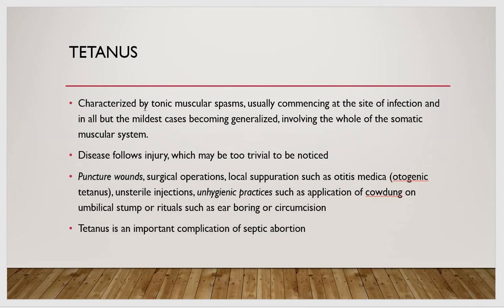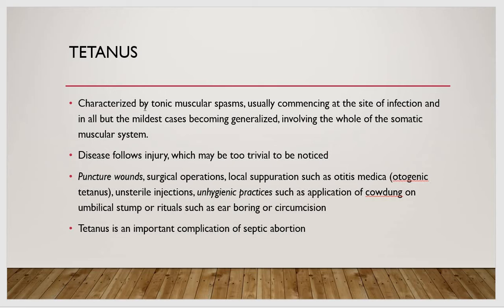Now briefly I'll tell you about the disease tetanus, which is caused due to this bacteria. Tetanus is basically characterized by tonic muscle spasms. The muscle spasms usually commence at the site of infection and in all but the mildest cases become generalized, involving the whole of the somatic muscular system.